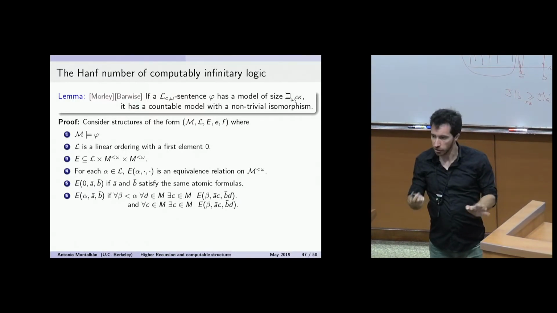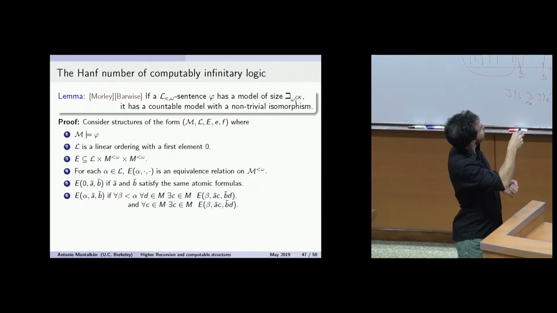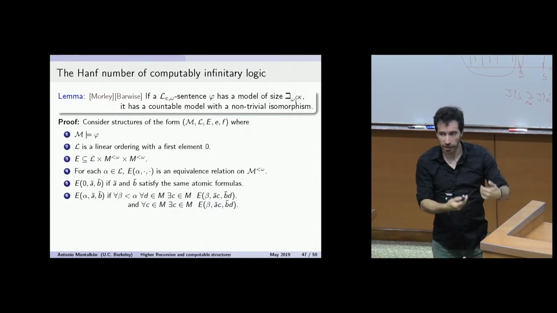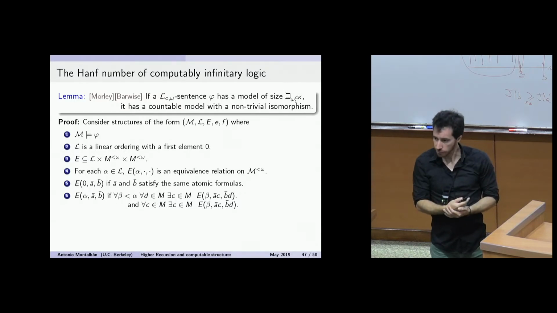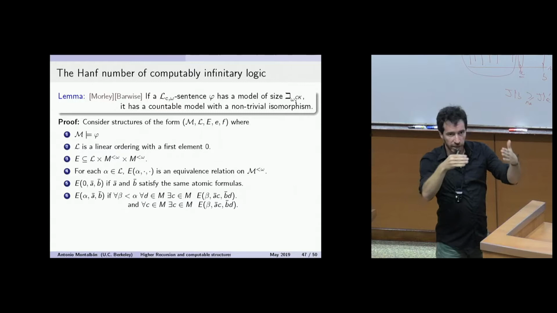These are what are called the back and forth relations, right? Your relation at level alpha holds if whenever you extend this one, you can extend that one so that you're equivalent at the previous level, and vice versa. So these equivalence relations get finer and finer.